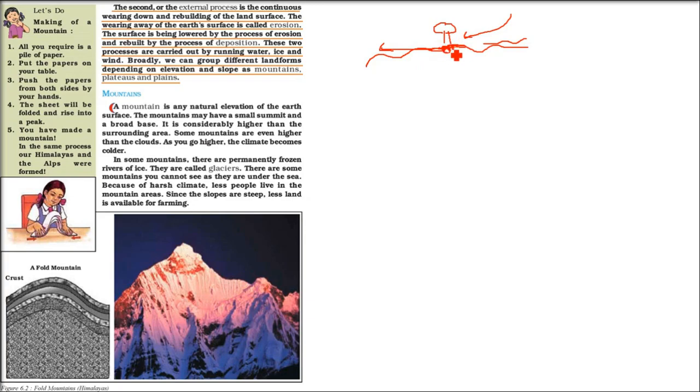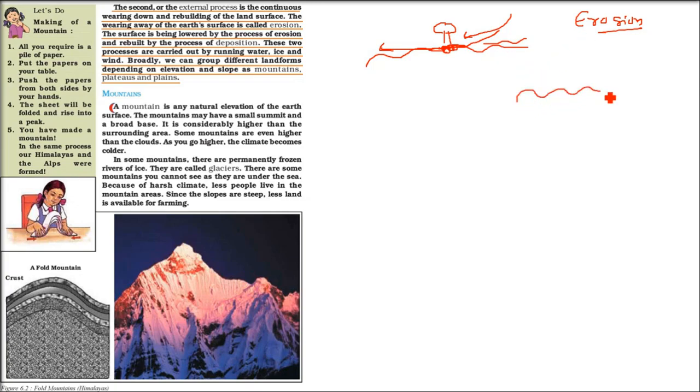If you cut the trees, because trees bind the land with their roots, then the soil will be eroded. That is, the soil will leave from here because of the wind energy and the water energy. And this is what is called erosion. It can be man-made, it can be natural also.